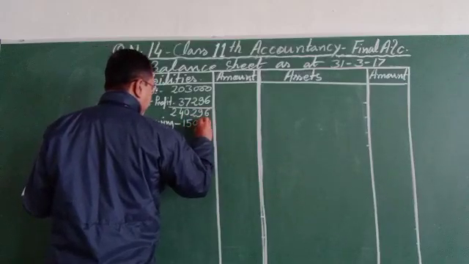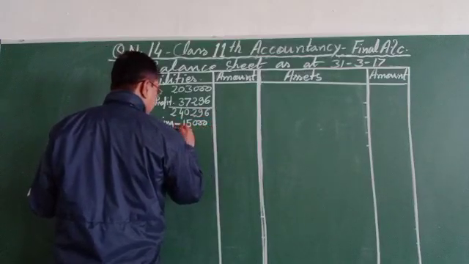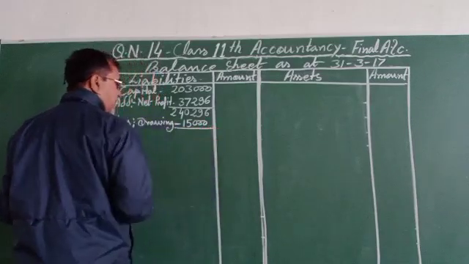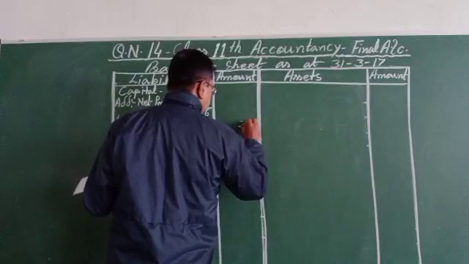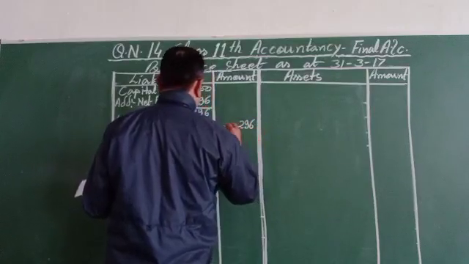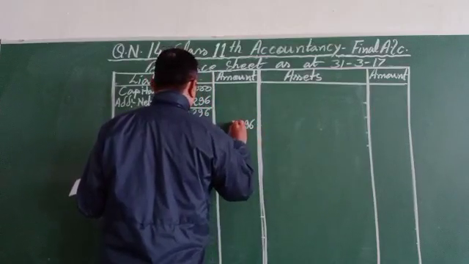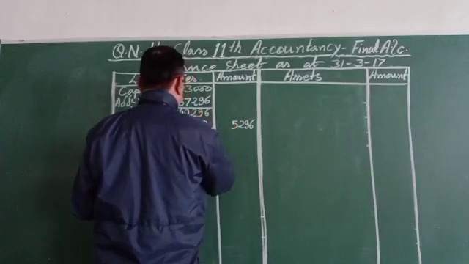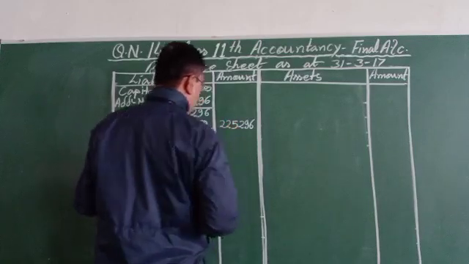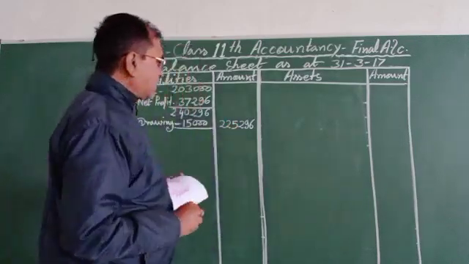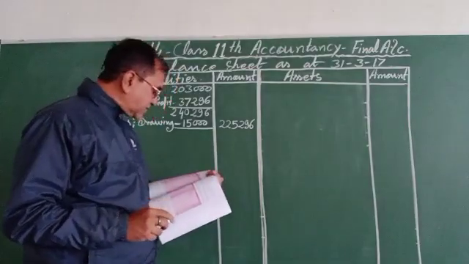Drawings is the item withdrawn by the proprietor for personal use. Then you can write 2,25,296.